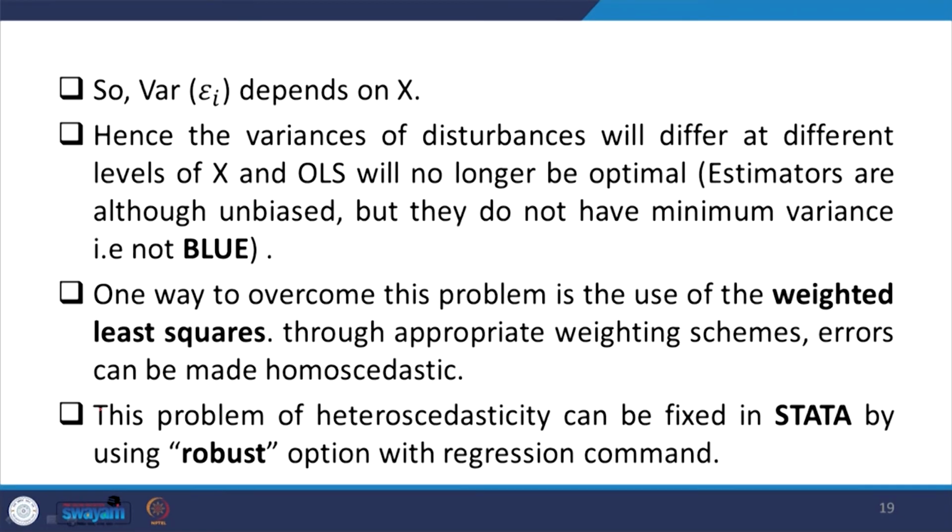And OLS is no longer optimal. When the variance is not constant, then the estimators are not optimal. Maybe unbiased, as per the BLUE properties, where the expected value of the sampling distribution matches the population mean, which defines an unbiased estimator.